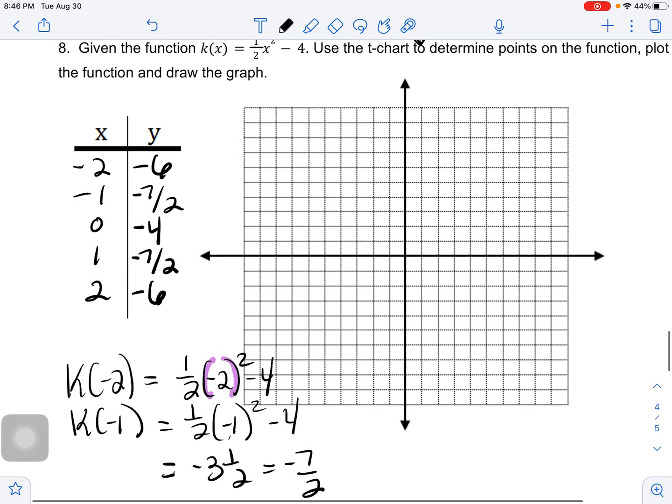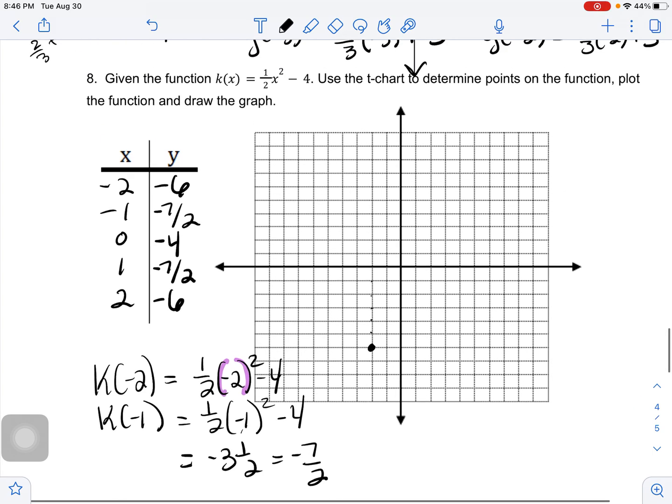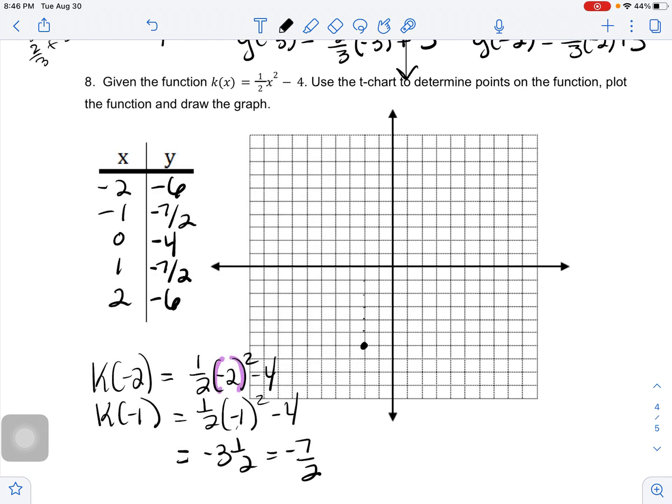All right, so let's plot this. -2, 1, 2, 3, 4, 5, 6. Zero, 1, 2, 3, 4. 2, 1, 2, 3, 4, 5, 6.